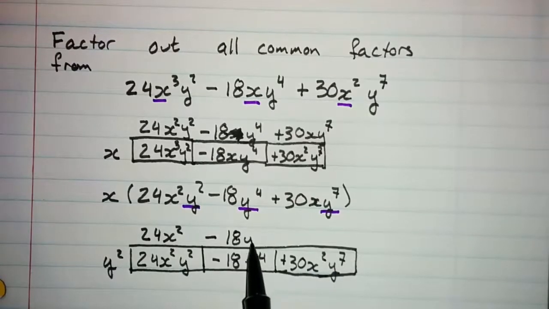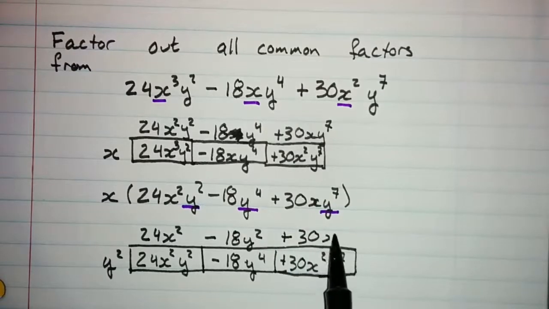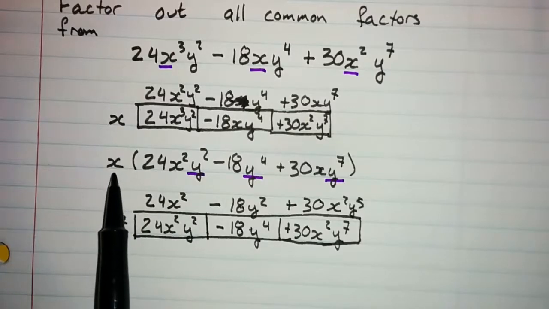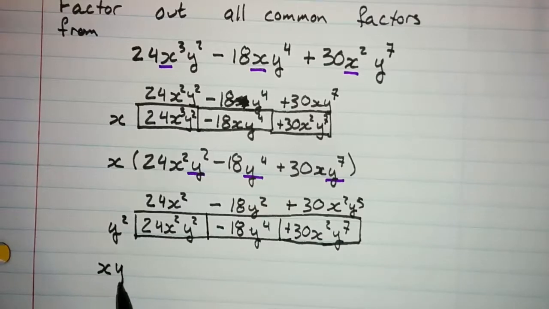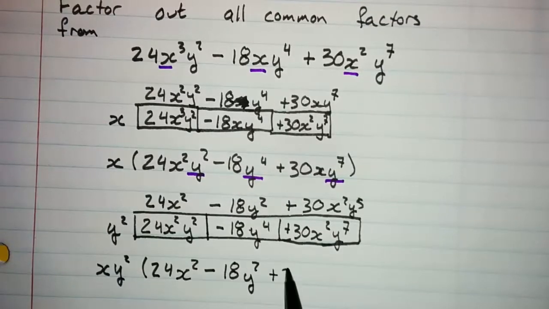Negative 18y squared times y squared gives me this term. And positive 30x squared y to the fifth times y squared gives me this term. This x doesn't disappear. I've now factored out an x and factored out a y squared. My factored form is now xy squared times 24x squared minus 18y squared plus 30x squared y to the fifth.